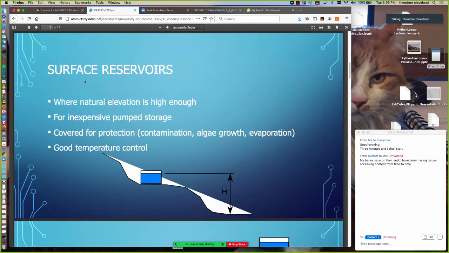So a surface reservoir, as depicted here in the cartoon, is a large tank in this cartoon located up partway up a hillside, or it could be at the top of the hill if you actually own the top of the hill. And the demand center in this particular cartoon is down the hill a bit.